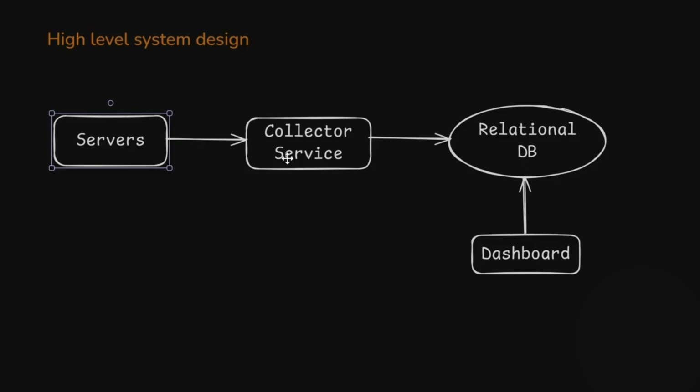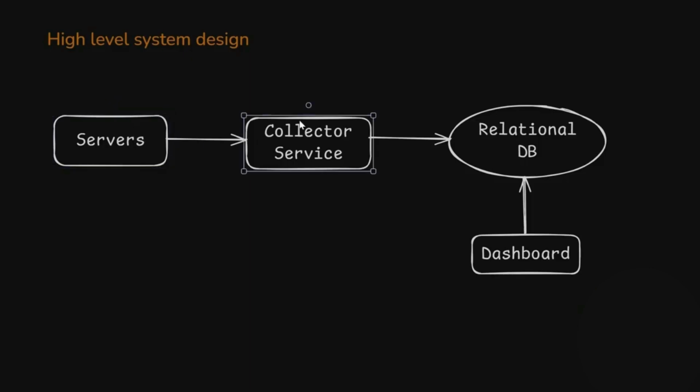So I can give an example of Prometheus. If this is a Prometheus service which expects these servers, or in other cases services, to expose an endpoint slash health, so that Prometheus can periodically call that endpoint to fetch the health of these services.